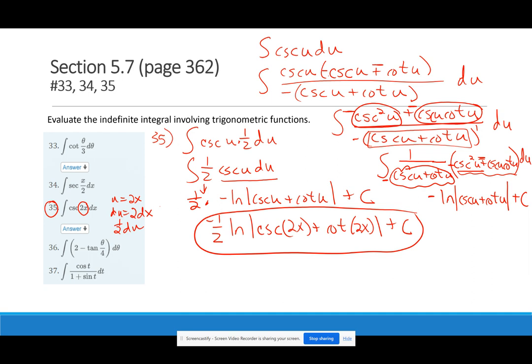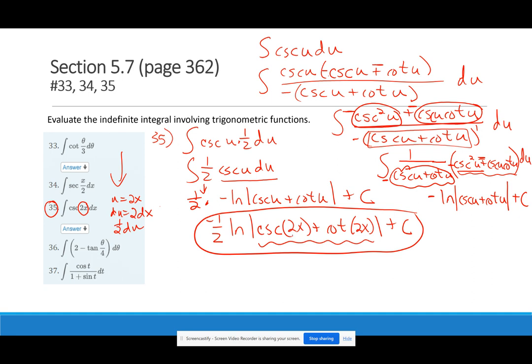Okay. And then what happens back here is you can use the u substitution to figure out what the constant is, or you can think about how, when you do the derivative, you're going to do 1 over the part you have inside here. And then you also have to take the derivative of the inside function.